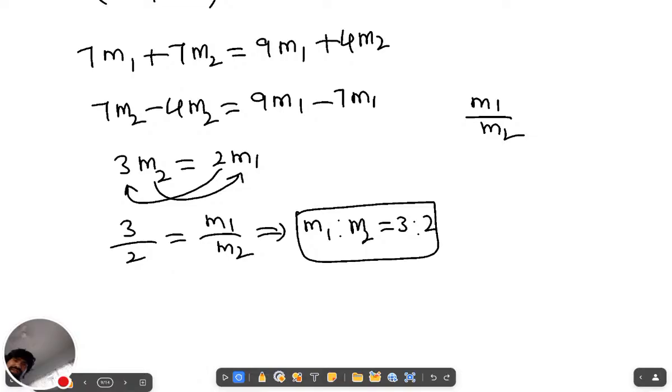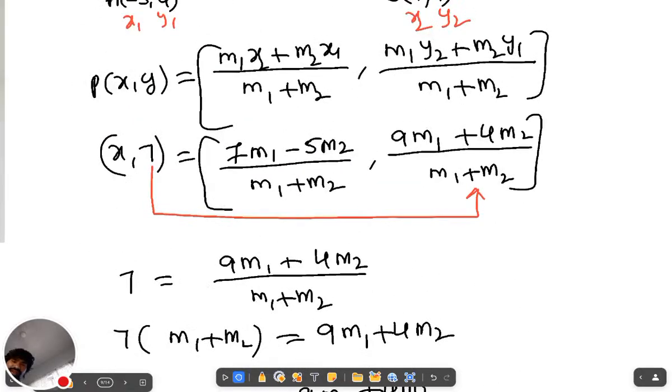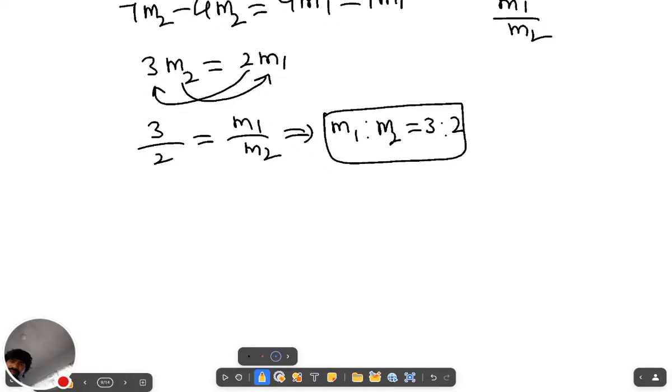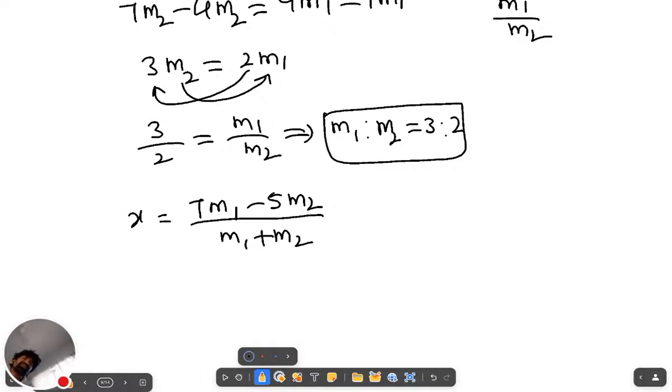To find the x value, we have to equate x to the first part. x equals (7 m1 minus 5 m2) whole by (m1 plus m2). Now substitute the m1 and m2 values. m1 is 3, m2 is 2.